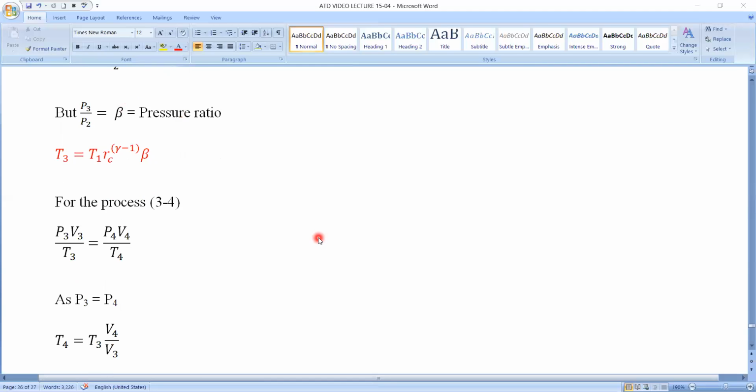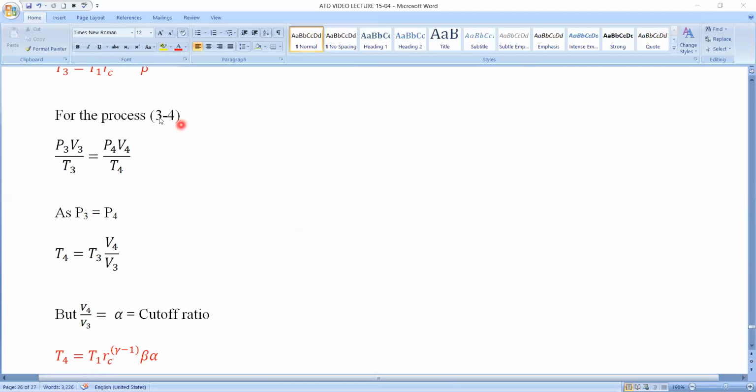Fine. Now for the process 3 to 4, the process 3 to 4 is a constant pressure process. At the beginning of the derivation, you are supposed to draw the PV and TS diagram on a separate page, because every time I can't go above and show the PV and TS diagram again and again.